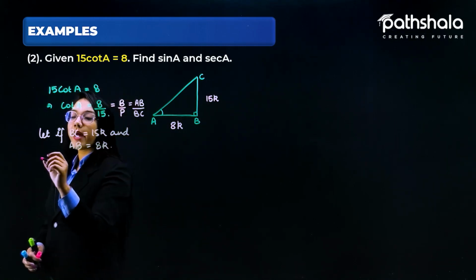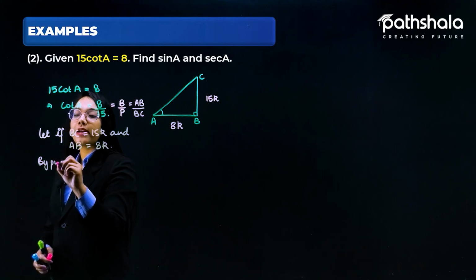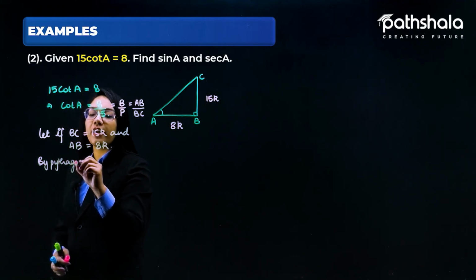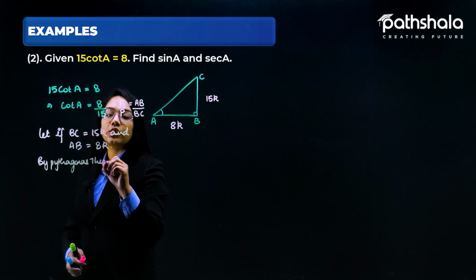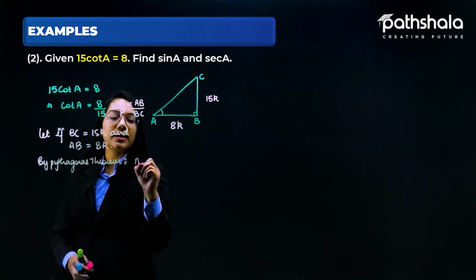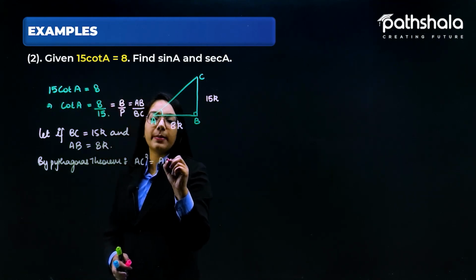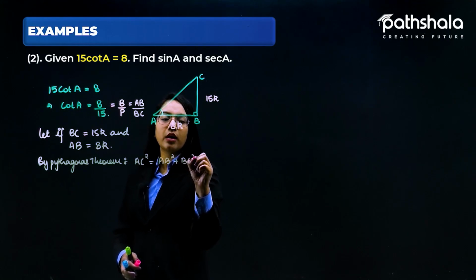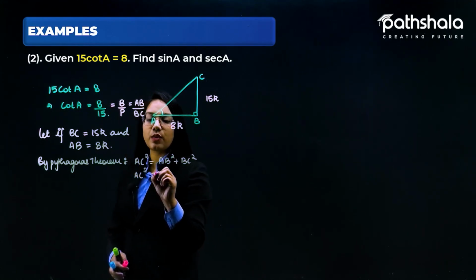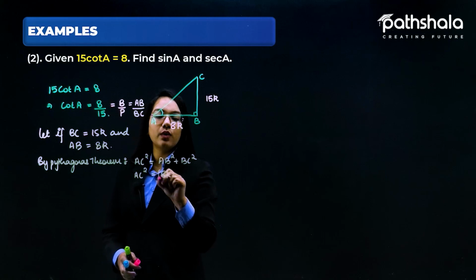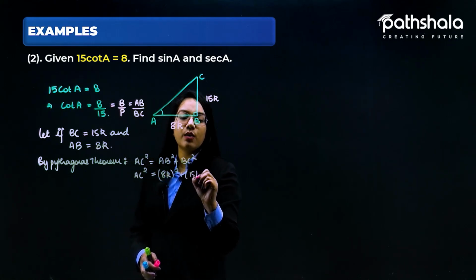Again, using the Pythagoras theorem, we can find the hypotenuse. AC squared is equal to AB squared plus BC squared. So AC squared is equal to 8k whole squared plus 15k whole squared.